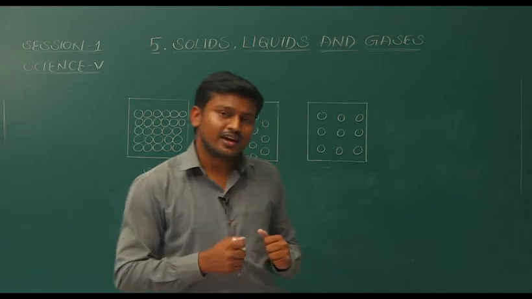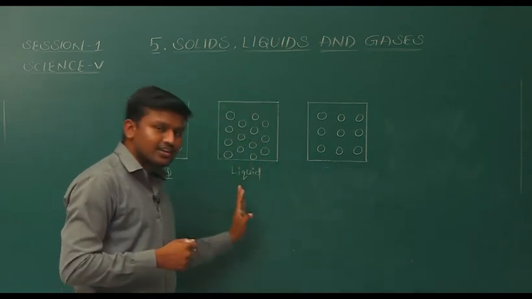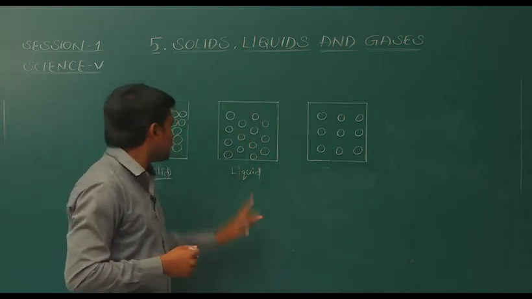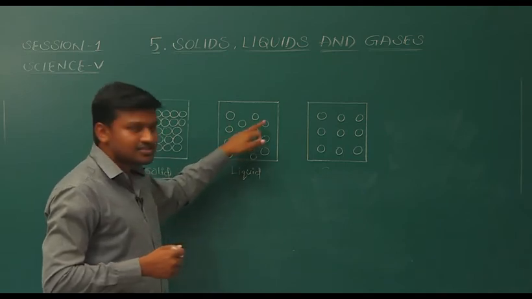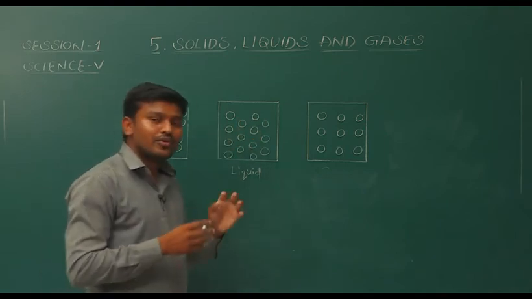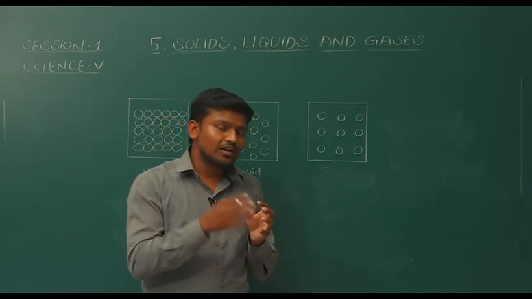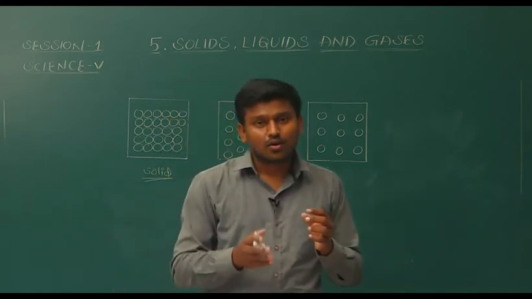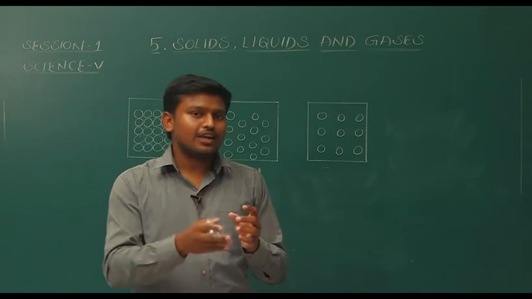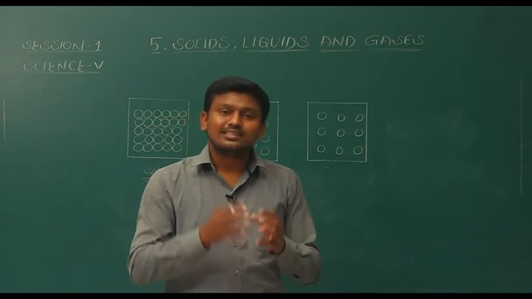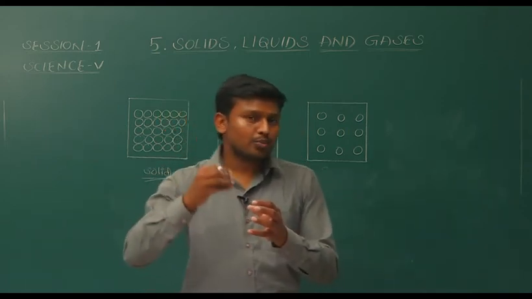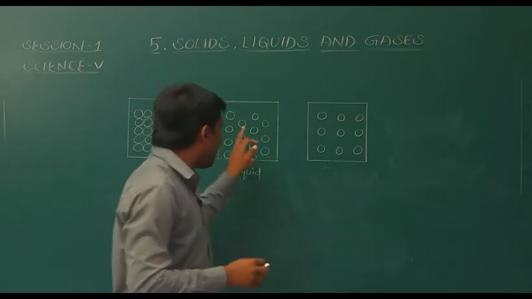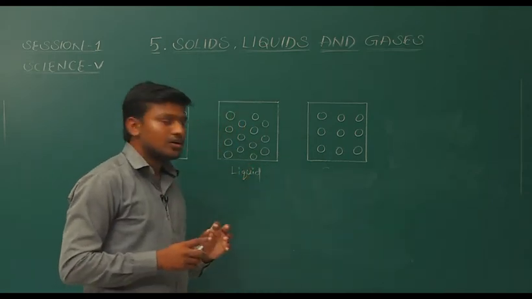The reason is that as we are adding sugar to the liquid water, as you can see here, there are spaces between the molecules. So, when we add sugar to a liquid, milk, tea or water, these sugar particles occupy the space between the molecules of the liquid.